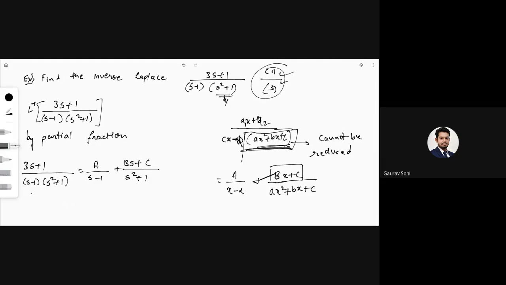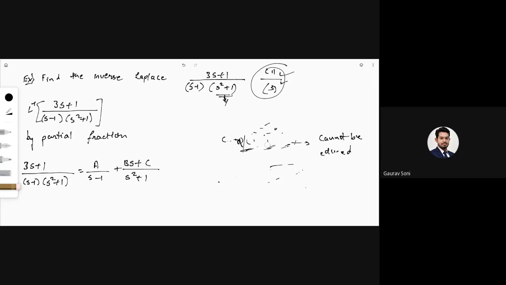Once we have done this, again I can do the cross multiplication and simplify. What is my task? I need to find out the values of a, b and c. Once I'm done, then I can find the inverse Laplace.